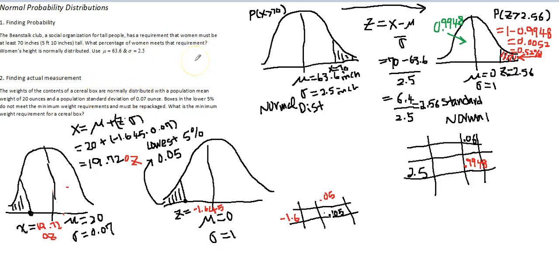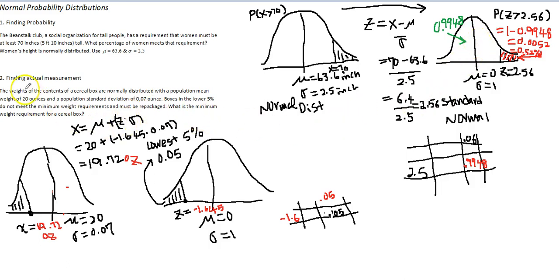If you're finding area to the left, you just find the area from the table and use that as your answer. But if you are finding area to the right, shaded to the right, you have to subtract from 1, because all the numbers in the table are written for the area shaded to the left.